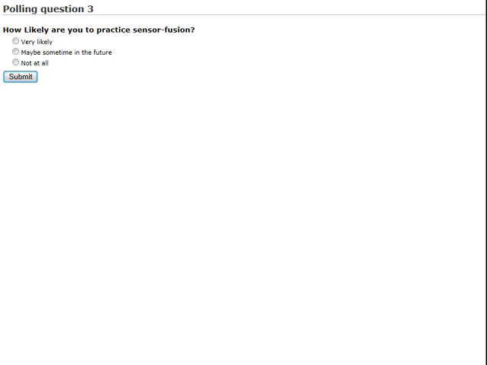Given that there was about a 50-50 split between those who were using it already and those who weren't, now we're seeing that upwards of 60%, 58% to be precise, say they're very likely to practice sensor fusion in the future.